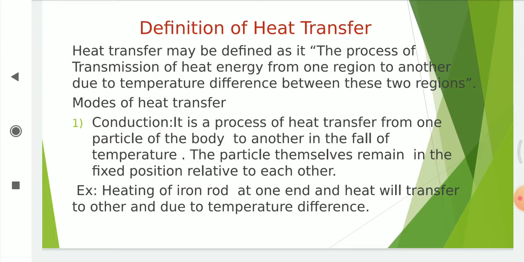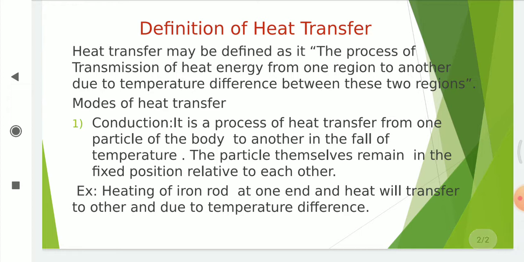Say, for example, heating up an iron rod at one end, heat will transfer to the other end due to temperature difference. Consider the heating end as region A and the non-heating end as region B. When you're heating region A, at end A, heat will transfer to the low temperature region, at end B, due to temperature difference.